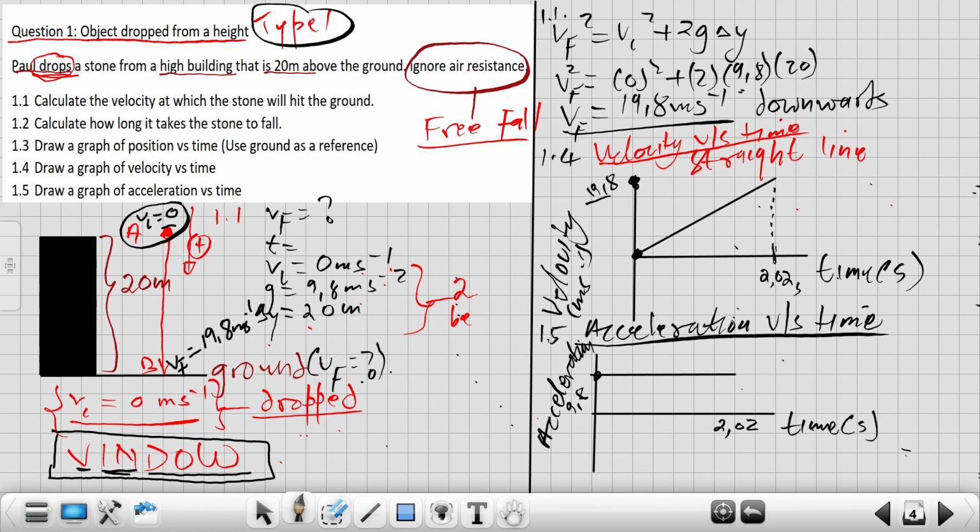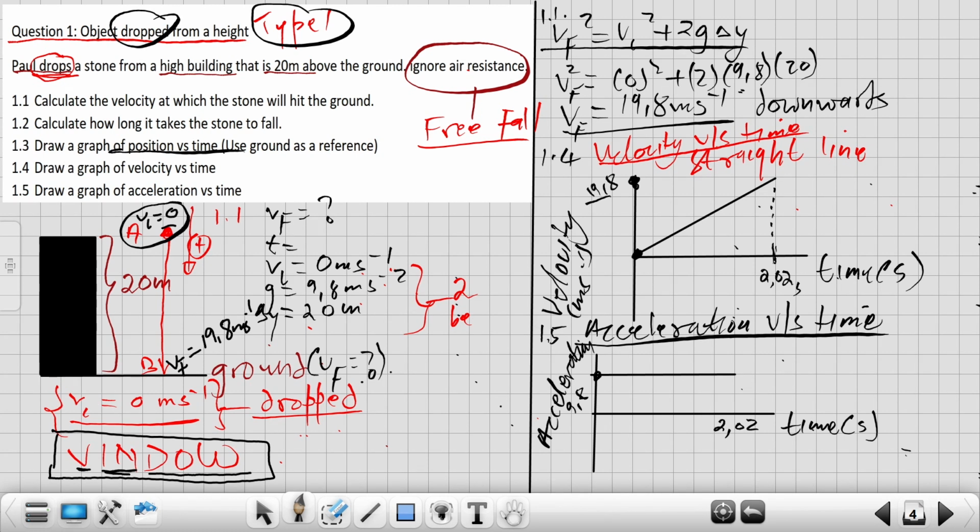So this is now explaining the basic graphs of when you have a type 1 problem. When you have a type 1 problem, the key concept we emphasized here was that when an object is dropped, its V initial is equal to 0. We are expected to do calculations using equations of motion, and we are also expected to draw the graph, because as we move further on with our lessons, you will be given a graph, and from the graph you'll be expected to calculate.